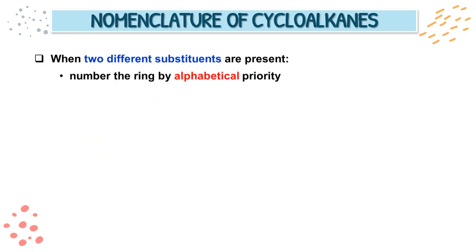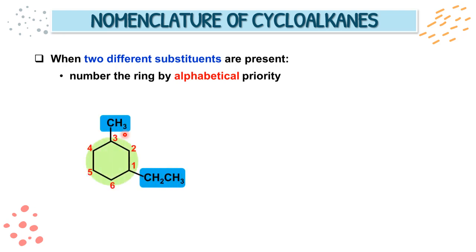Now, how are we going to name a cycloalkane when two different substituents are present? Number the ring by alphabetical priority. Just now, we had two substituents but they were identical, both methyl. Now, look at this example.